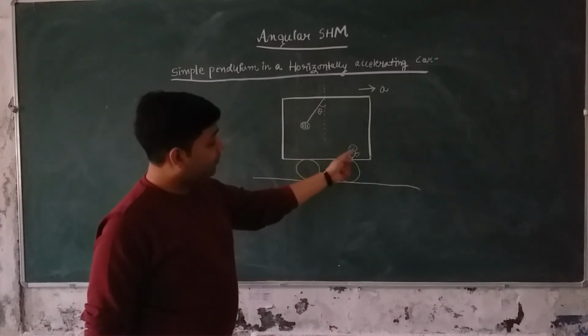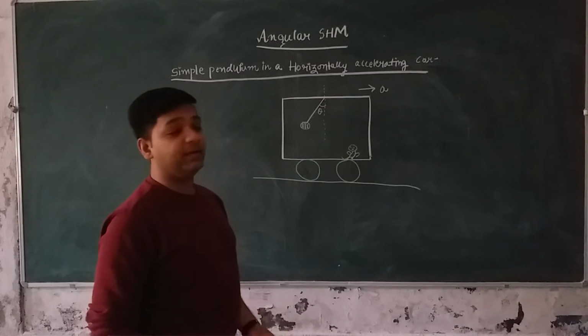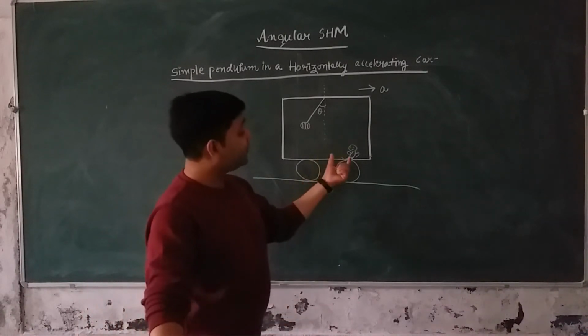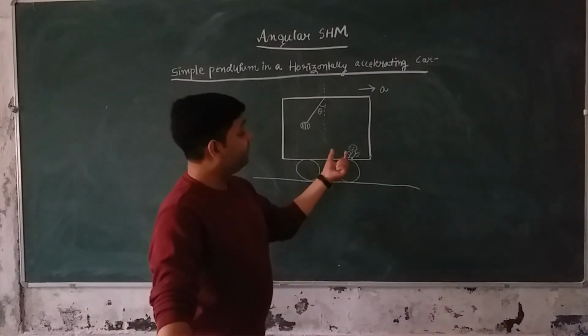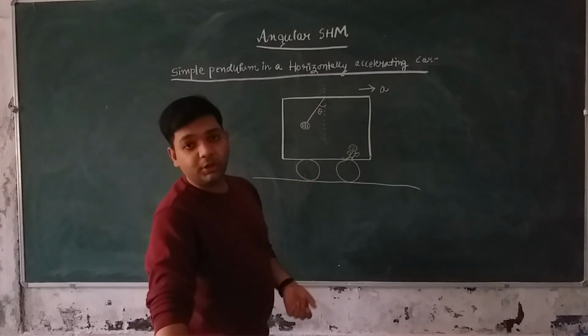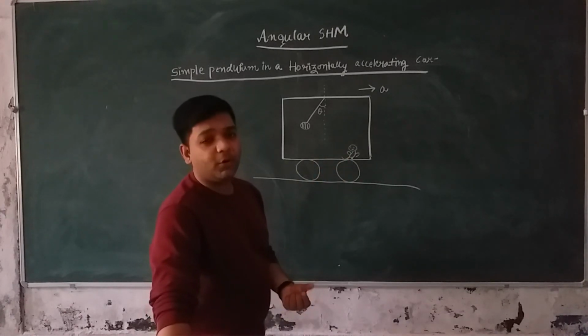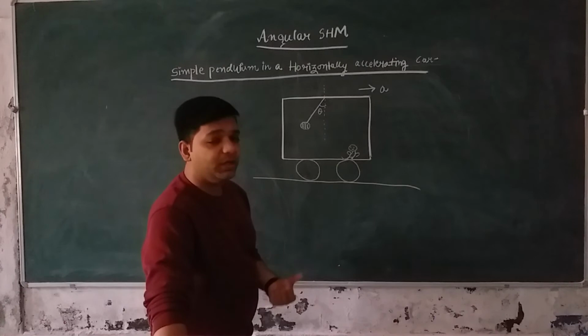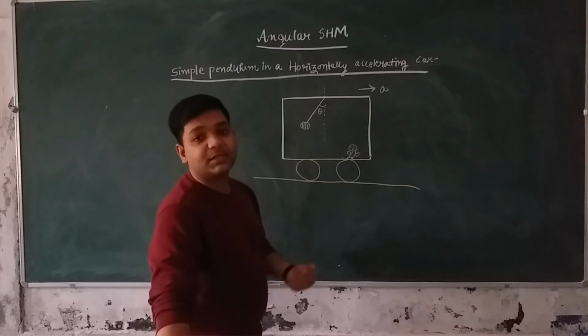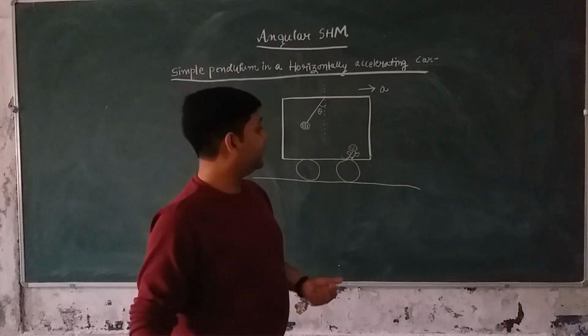If the observer is sitting in the car itself, his frame will be inertial or non-inertial? I hope you know about inertial frame of reference and non-inertial frame of reference. It is discussed in Newton's laws of motion, right?